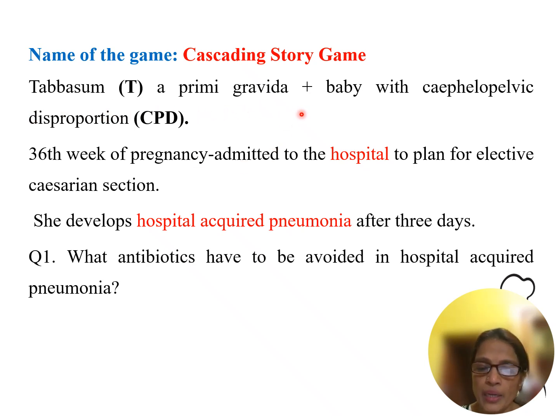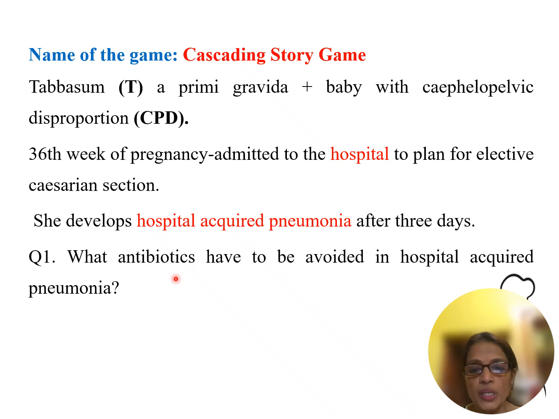Tabassum, a primigravida, having a baby with cephalopelvic disproportion. So this Tabassum T having baby with CPD. In the 36th week of pregnancy, she is admitted to the hospital to plan for an elective cesarean section. Now what happens is she develops hospital-acquired pneumonia after about 3 days.